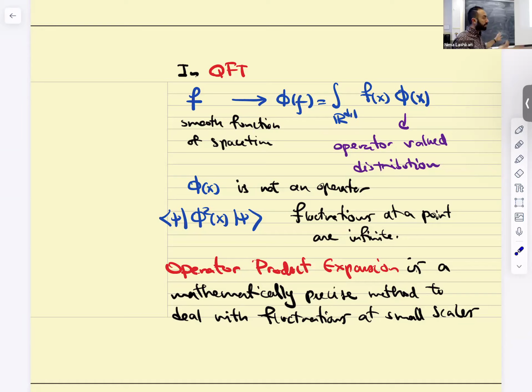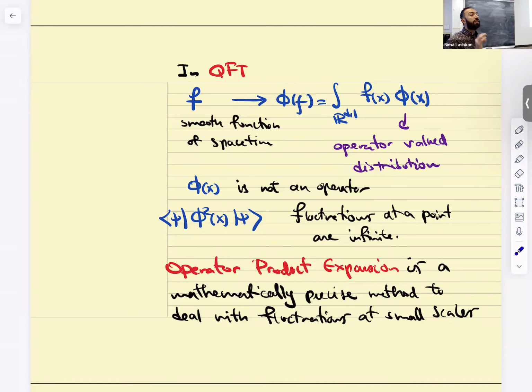That's what the operator is. And we often talk about phi of x as the kernel, as the operator-valued distribution. In the operator product expansion, we focus on phi of x as these operator-valued distributions. We focus on their singularities. So, important: it's an operator-valued distribution and not an operator.